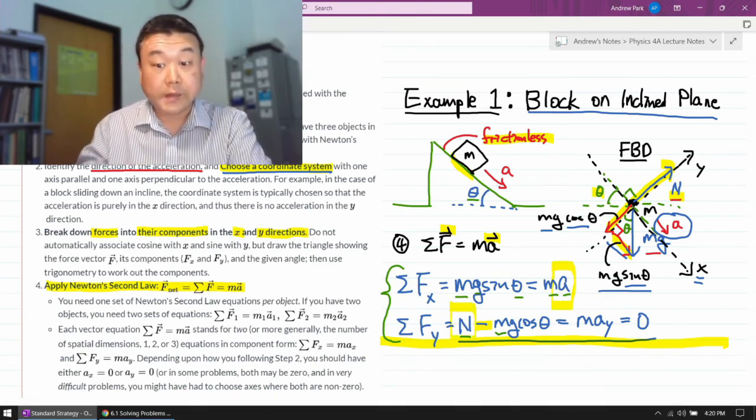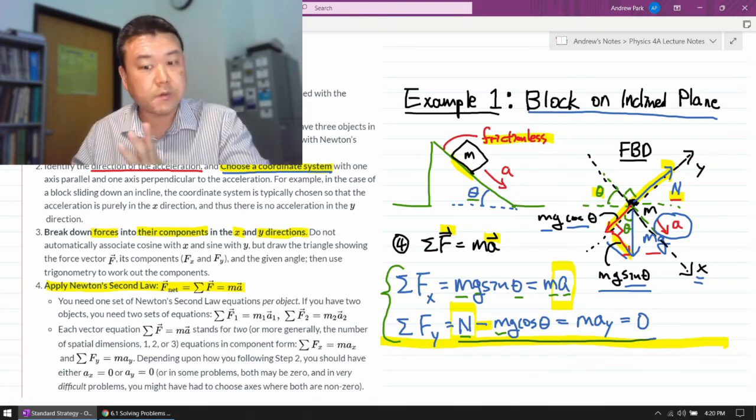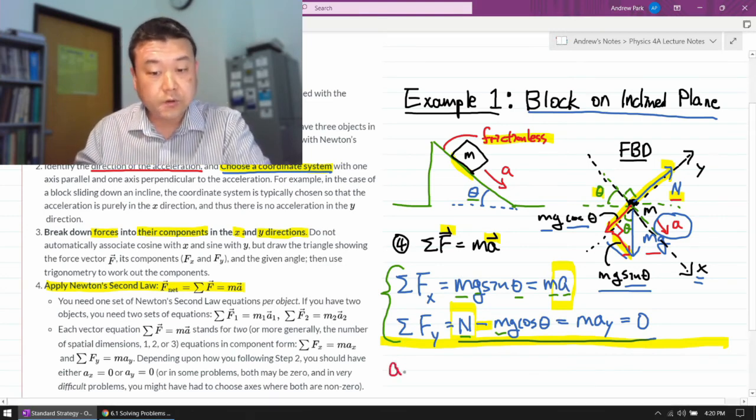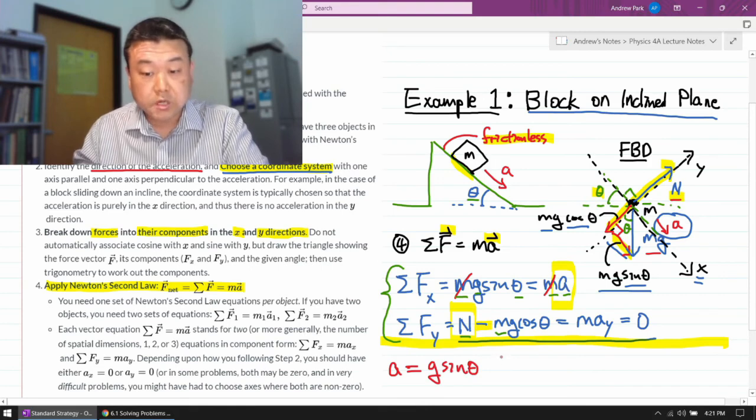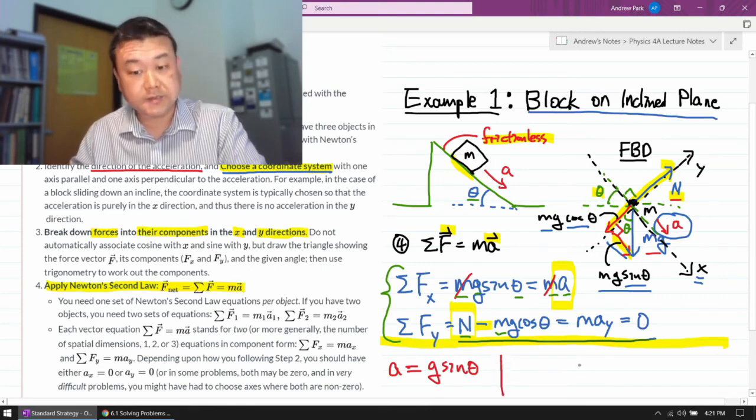And you can see how quickly we can give that answer if someone were to ask us for acceleration. We can look at this first equation. We see that masses cancel out, and we can give this answer. Acceleration is equal to g sine theta. Or maybe the question asks us for normal force instead.